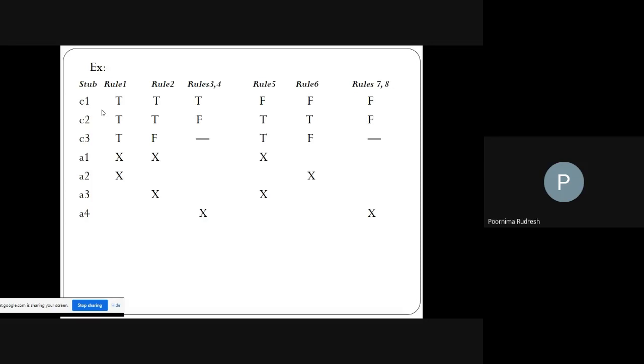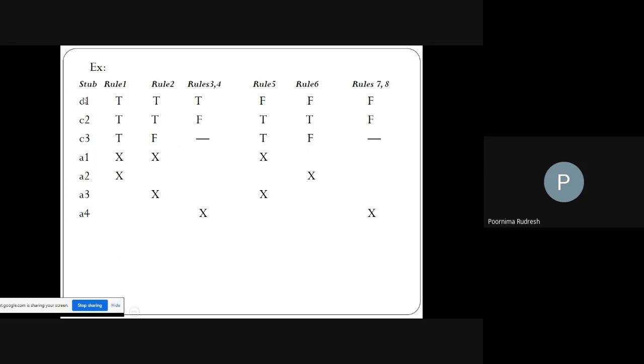Understood? So here we are constructing the decision table by using true and false conditions, and it consists of a set of rules: rule 1, rule 2, rule 3, up to rule 8, etc. The leftmost part is called the stub part and the right part is called the entry part, where we enter the values for the stub part. Below the stub we have two parts: the condition part and the action part.